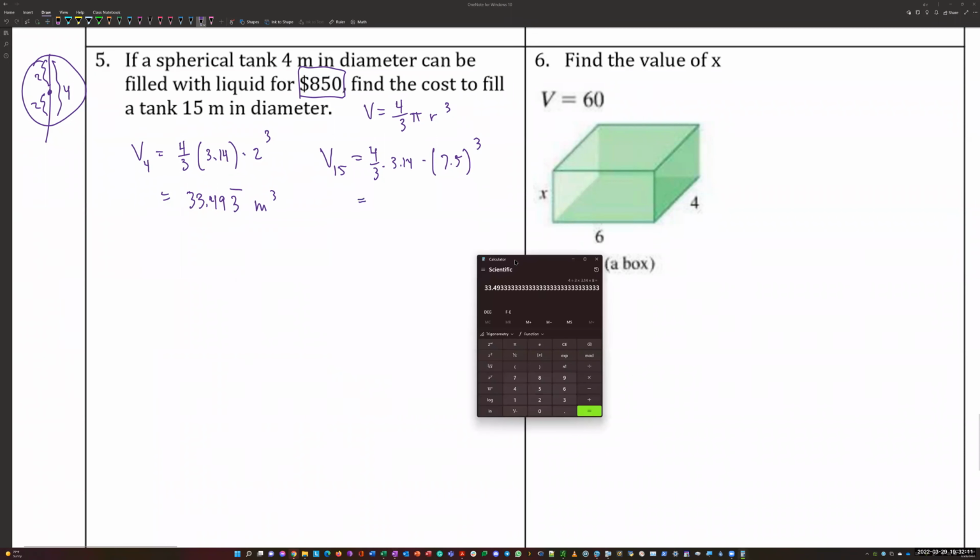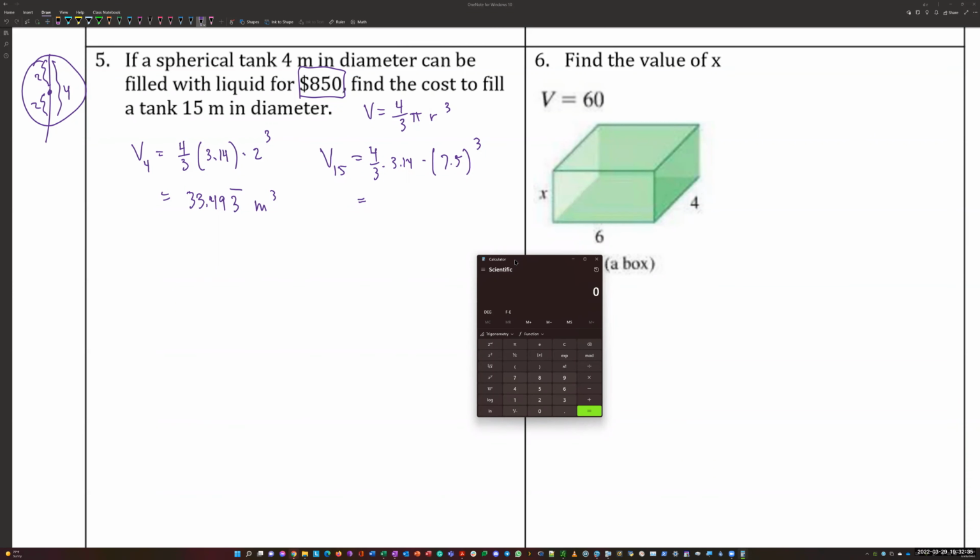All right, so then this would be, let's see what this is, 4 divided by 3 times 3.14 times 7.5 cubed. Is that right? 824. That was right, actually.